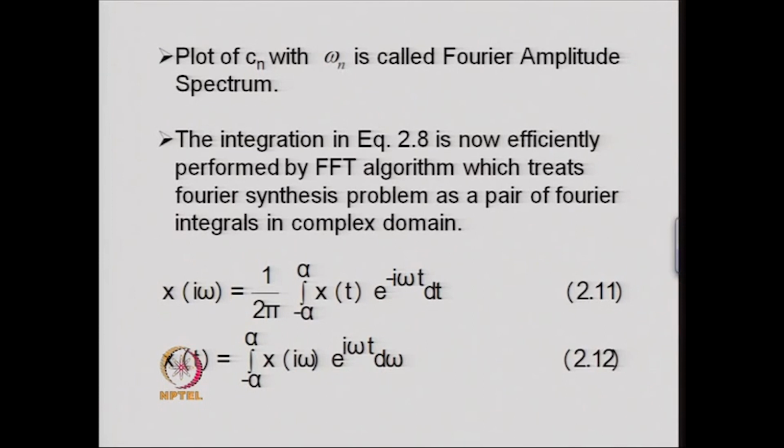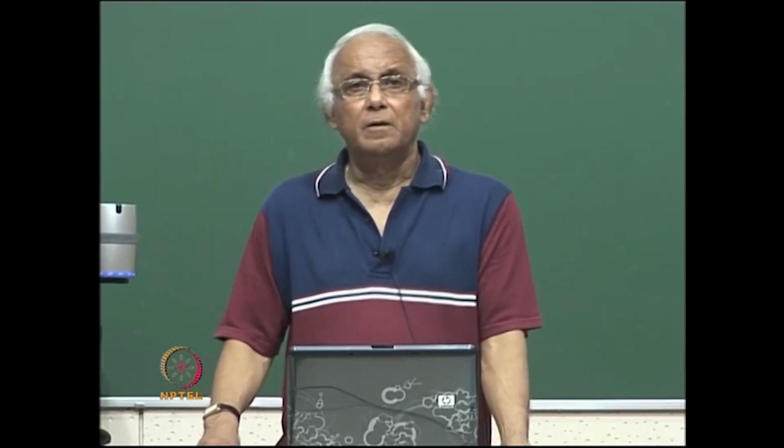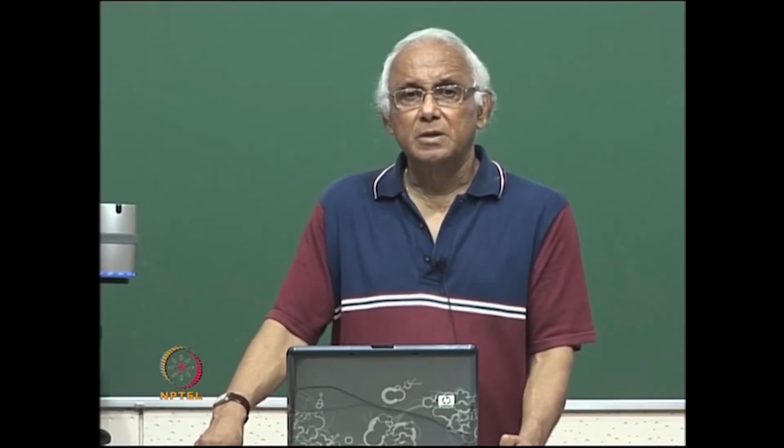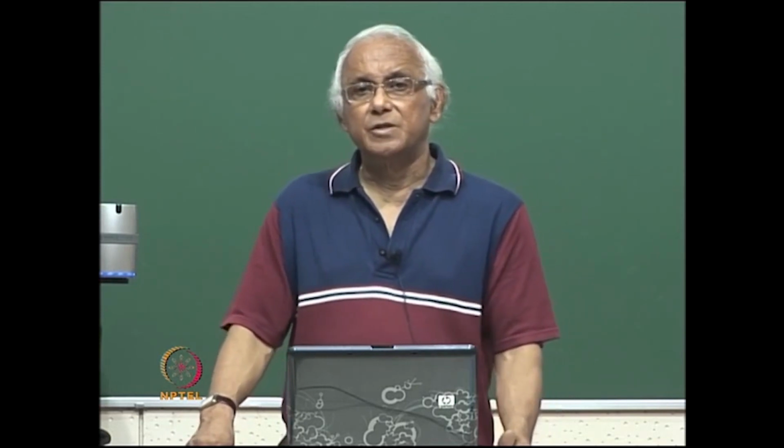The plot of Cn, that is, the amplitude of the ground motion at frequency omega n, plotted against omega n, is called the Fourier amplitude spectrum. The idea is to obtain the Fourier amplitude spectrum given a time history record.